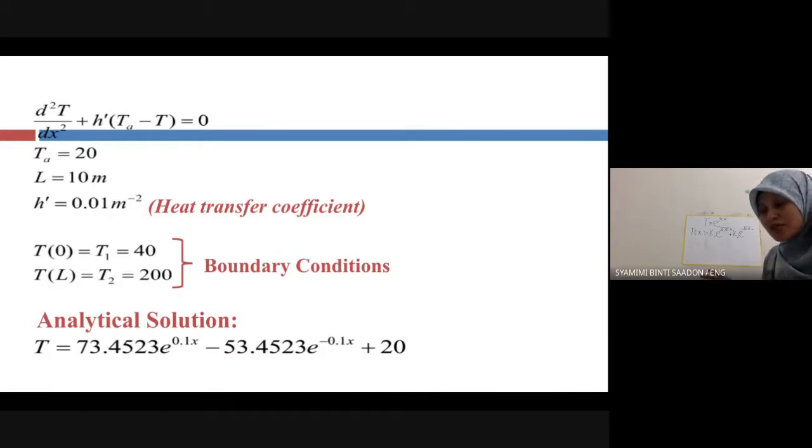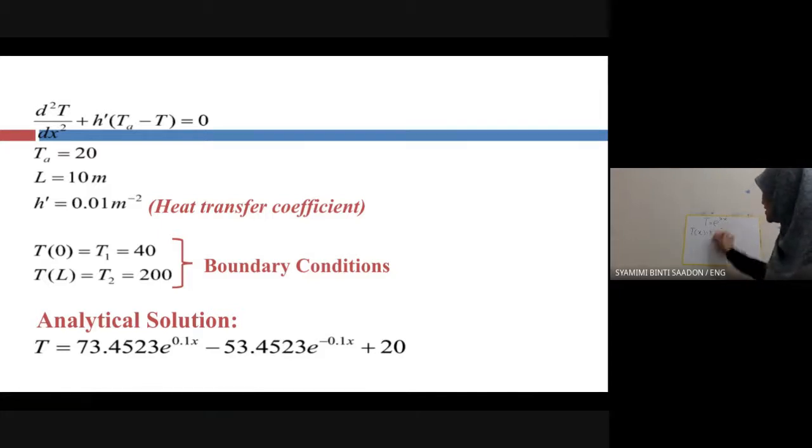This analytic solution is just to compare later on, so that you can compare your solution from the analytical and the shooting method. You can continue the calculation of K.